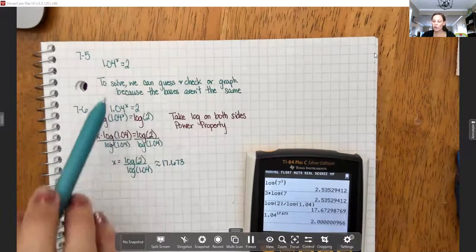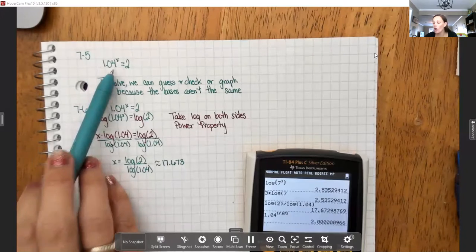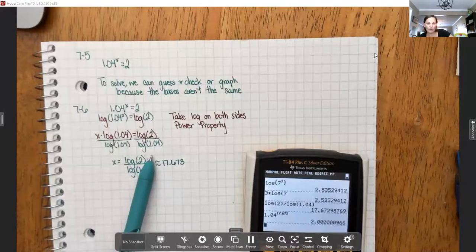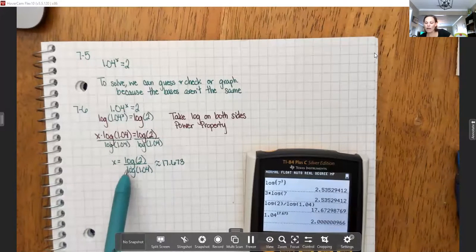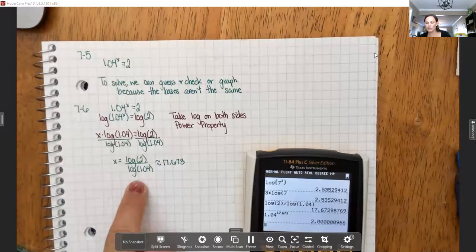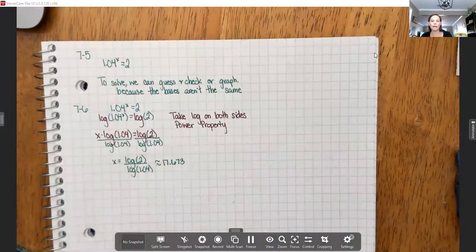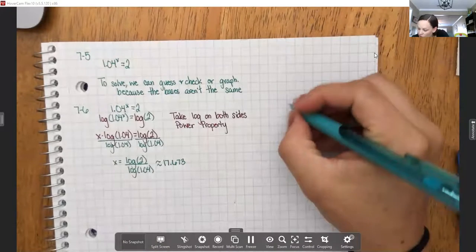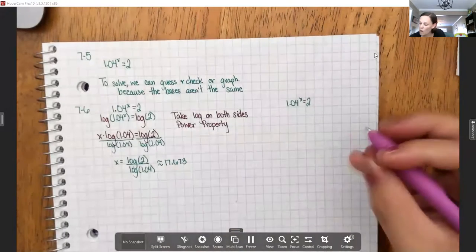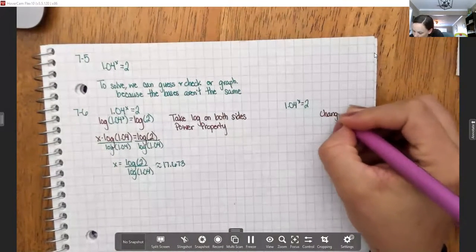So yes, we could rewrite this in log form. The reason that this is an option is because not every calculator, nowadays they pretty much do, but not every calculator had the base button on it. And especially if you're using your phone as your calculator, which I don't recommend, but you can, it's harder to do the base on some of those. So this might be easier to type in than it would be to type it in with the base of something. So remember, our other option is to change to log form.